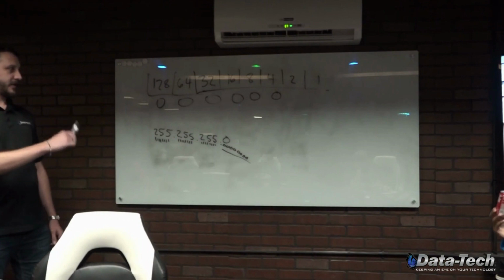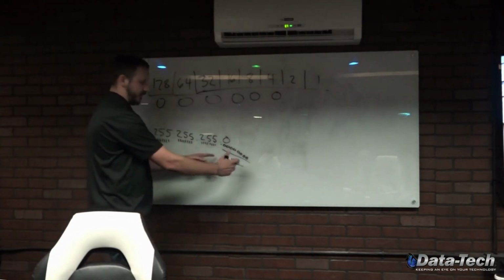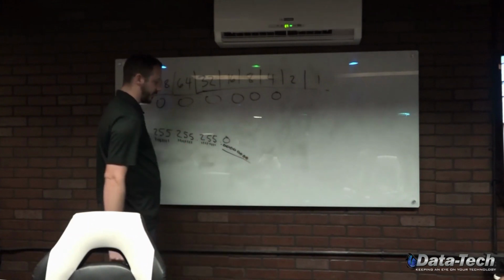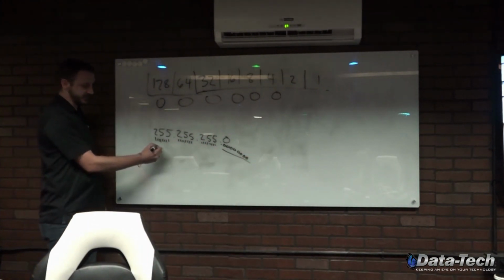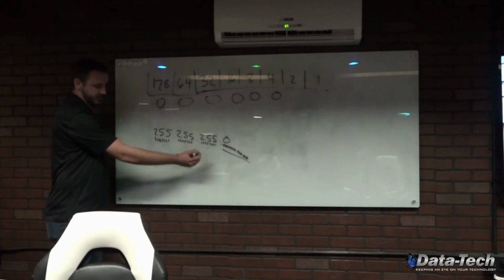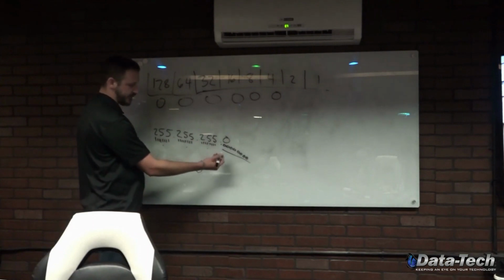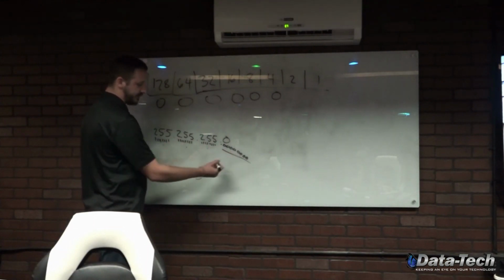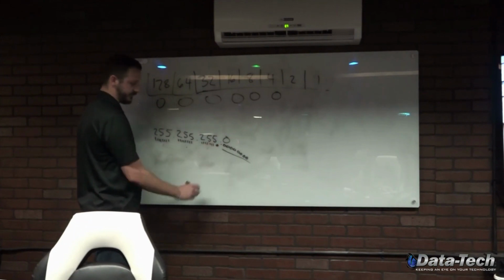Your subnet mask dictates where your network is and where your hosts begin. So this is what we call a slash 24 because 8, 16, 24. If you want to borrow to make your host side bigger, you borrow a 1 and you add a 0.